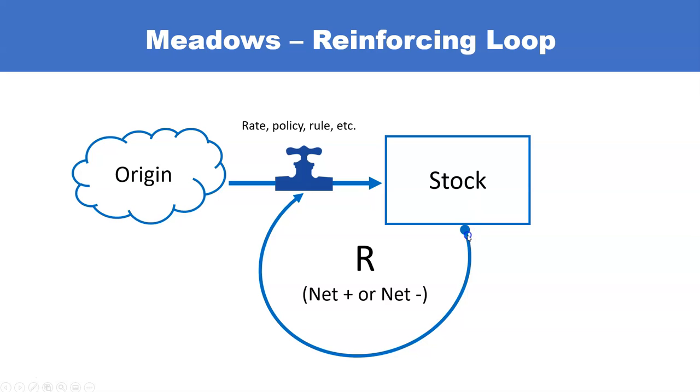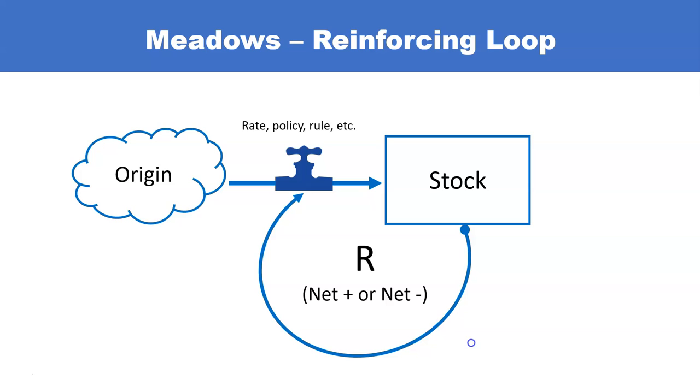In the reinforcing loop, it has a net plus or minus, a net increase or net decrease effect. There could actually be pluses and minuses going on in here, but ultimately either the pluses overpower the minuses, or the inputs overpower the outputs, or the outputs overpower the inputs, having a net effect of either plus or minus.